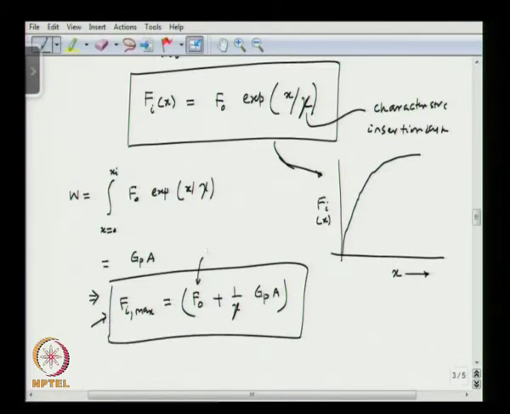So, this is a constant force, and this is the characteristic length, puncture toughness into skin surface area.